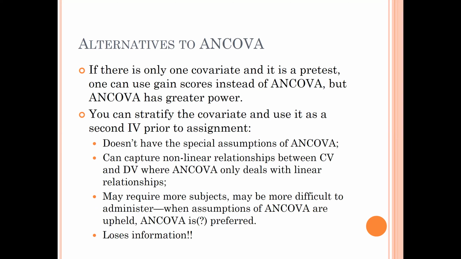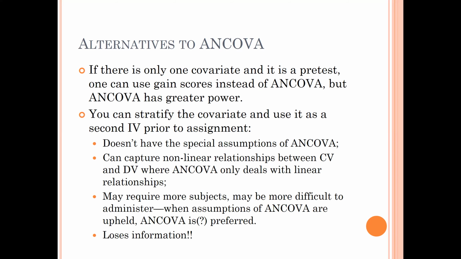There are alternatives to Ancova. When there's only pre-test, post-test, you can do a dependent samples t-test, which is the same as using a single sample t-test for using gain scores. You can stratify the covariates so that you have like low, medium, and high groups.